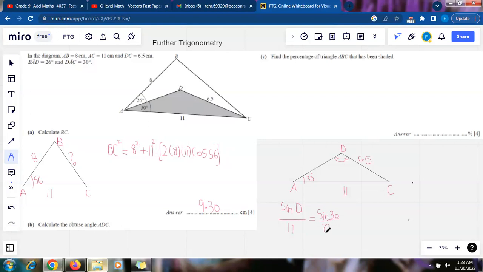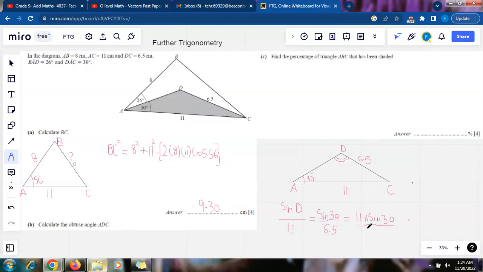In order to go further, I will just cross multiply, and this sine 30 will be multiplied with 11. So 11 multiplied by sine 30, and whole divided by 6.5. Again, I will take out my calculator, and then I will just pick the values.